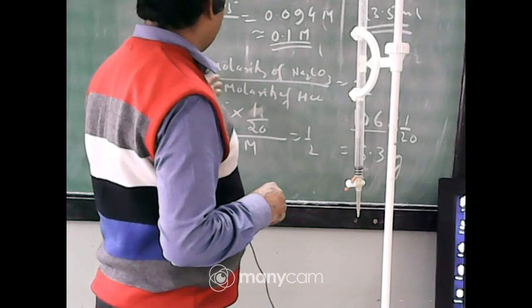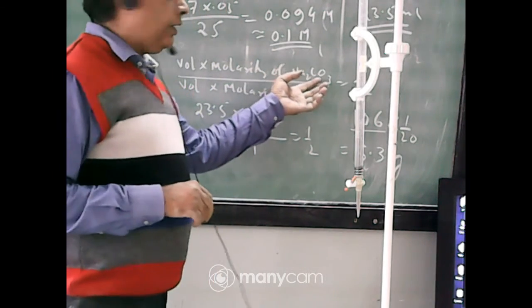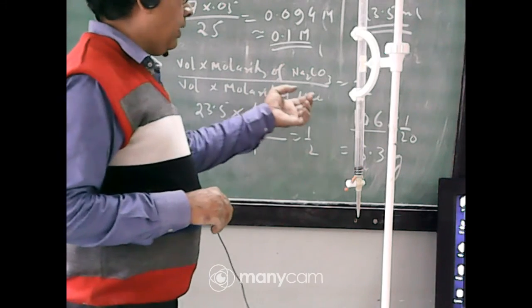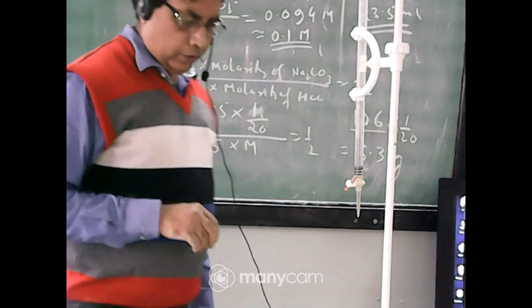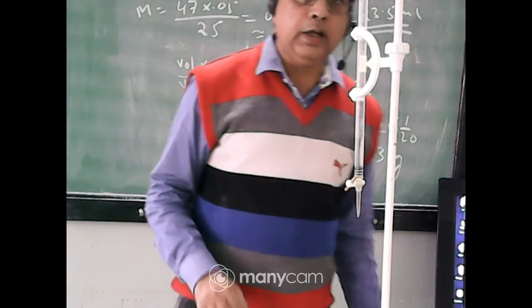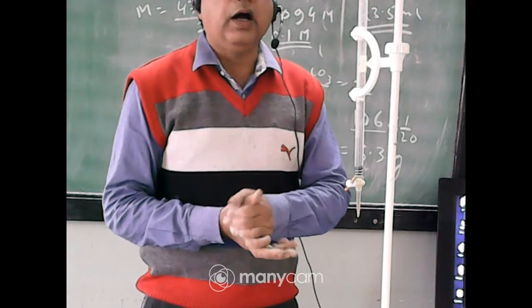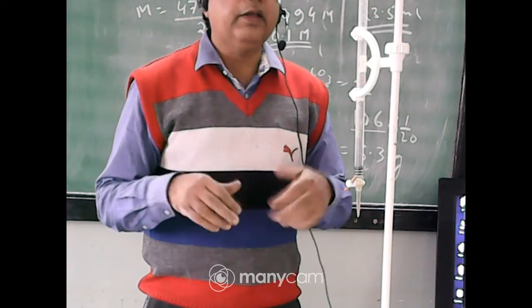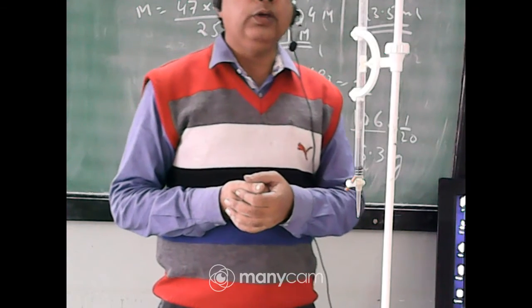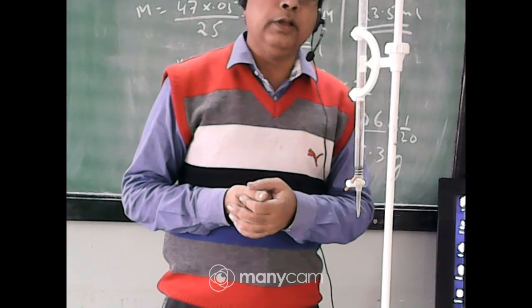Your molarity and volume of sodium carbonate is given, the volume of HCl is given, you calculate the molarity of HCl. So in this way we can calculate the strength of unknown acid solution, or if acid solution strength is given, then we can calculate the strength of unknown basic solution.